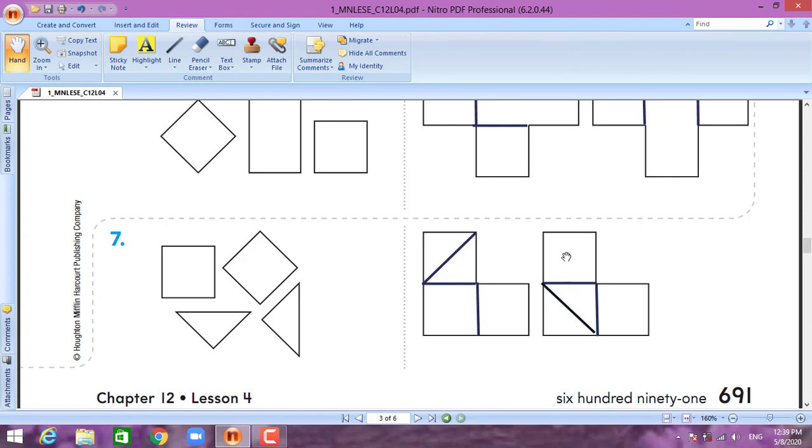Look, I have here two squares and two triangles.